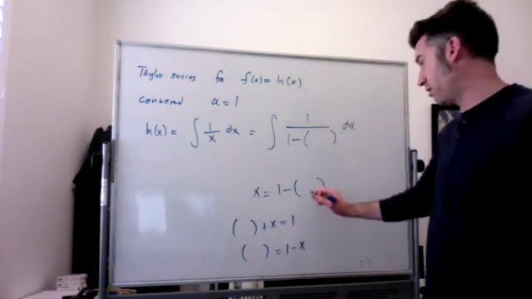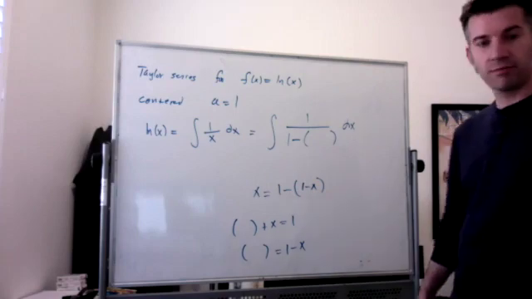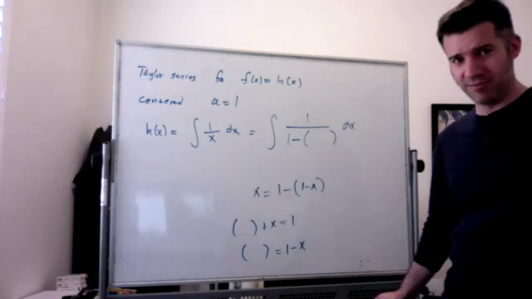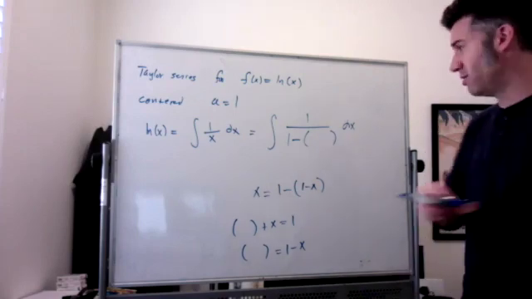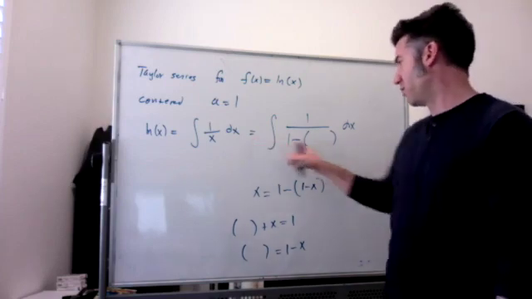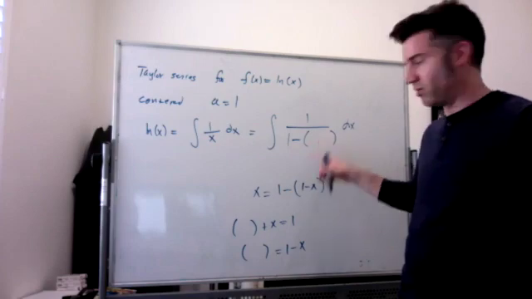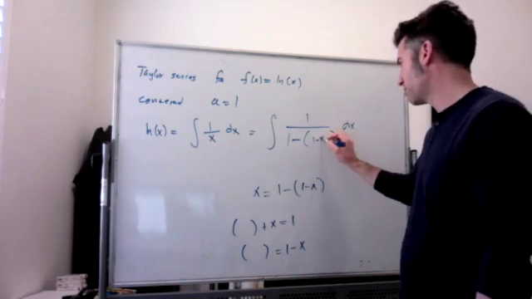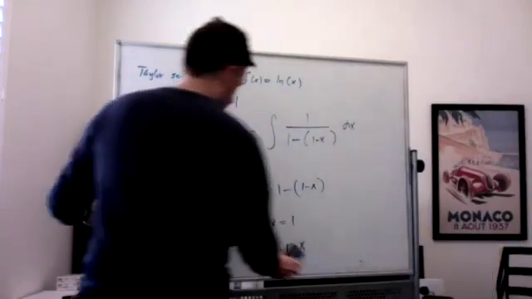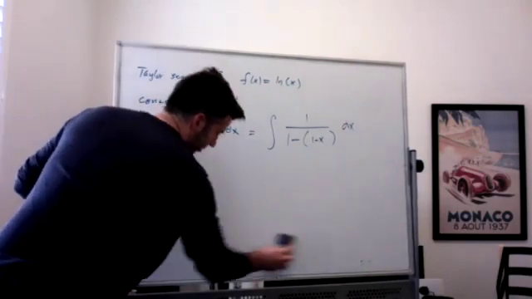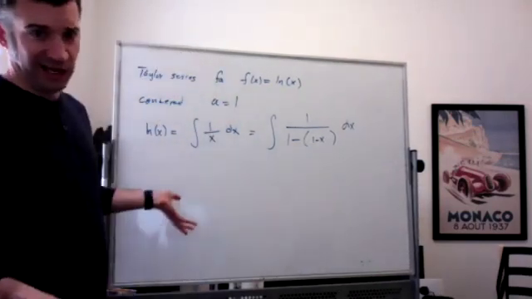Oh, that's what needs to go in there. I kind of said it the most roundabout way possible. We're just trying to figure out what this has to be so that x equals 1 minus this. So this is 1 minus x. And that checks out. 1 minus x is just x.